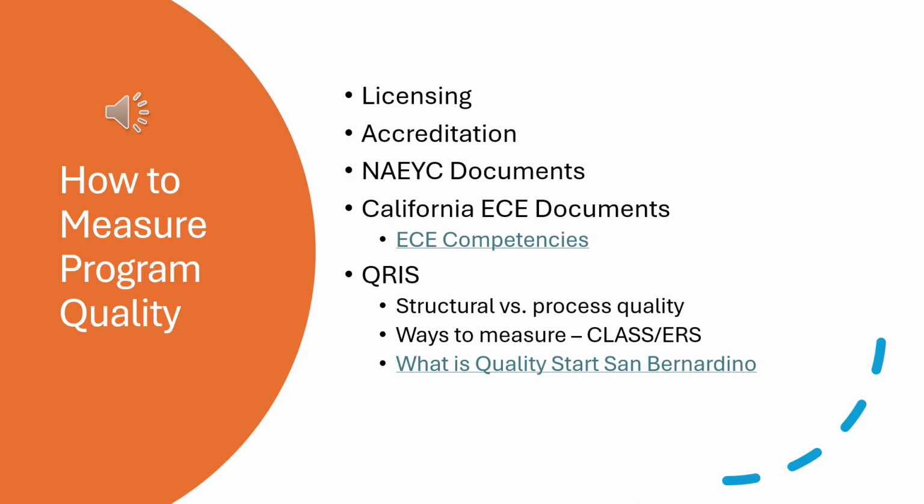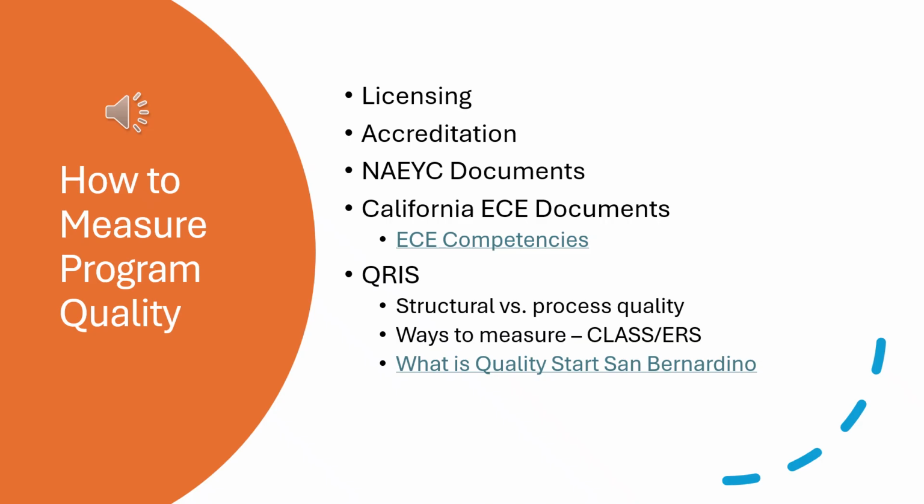They have documents that talk about what ethical standards we should uphold as early educators. They have documents that talk about what teachers should be able to do who work with young children. So various documents that help us to think about what quality can look like that we can use to evaluate how programs are doing.